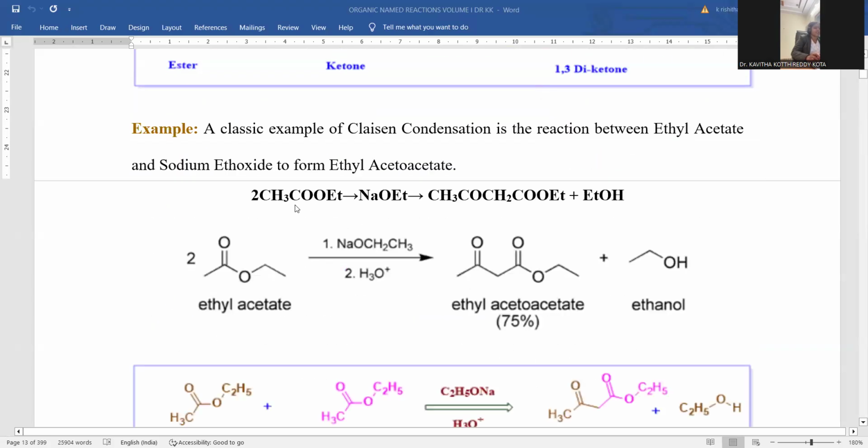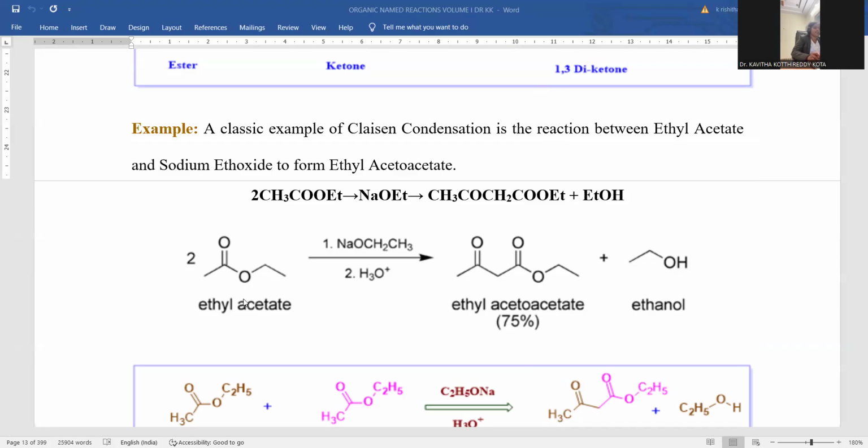Simply, I'm taking the reaction of 2 moles of ethyl acetate with sodium ethoxide as a strong base for the condensation process. There is formation of the condensed product, a beta keto ester, as the final product, and ethanol will be the byproduct.